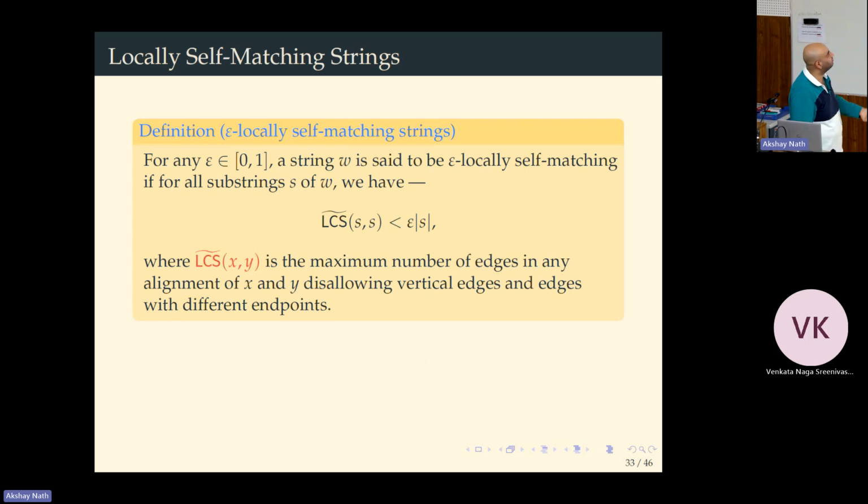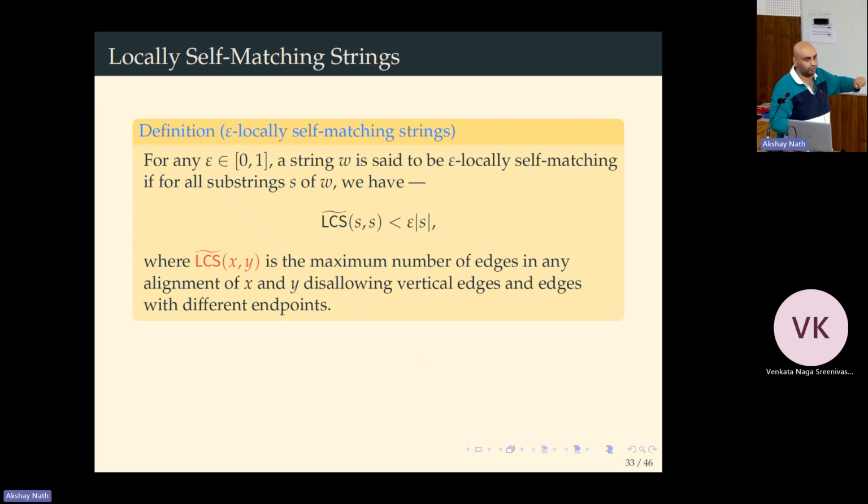Our second ingredient is something we already saw before, but with a slight twist, called epsilon locally self-matching strings. So this is just for some parameter epsilon. W is said to be epsilon self-matching if you take any substring and you look at the longest common subsequence with itself, where you don't allow substitutions, so there's no vertical edges.